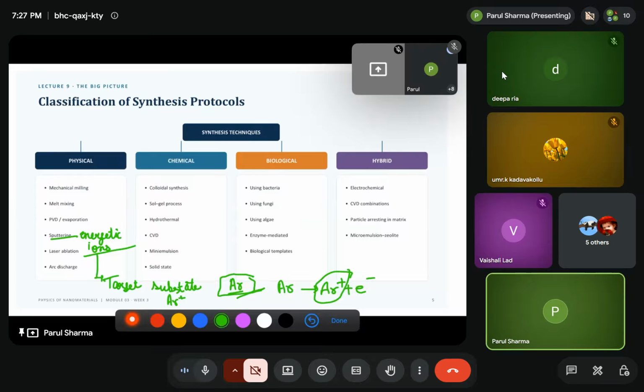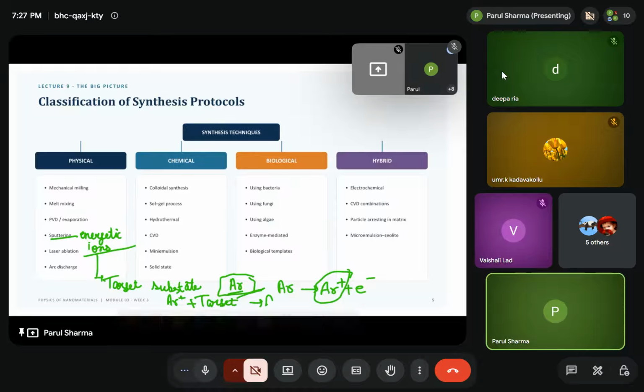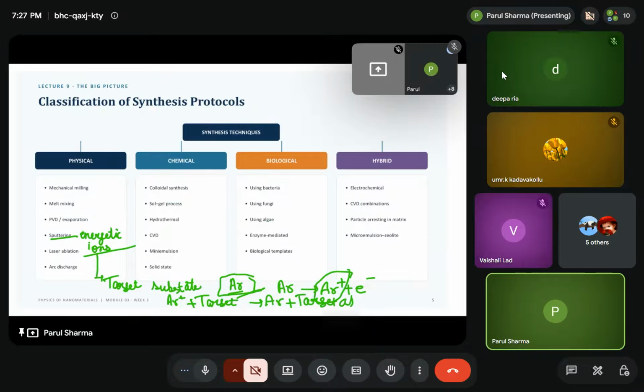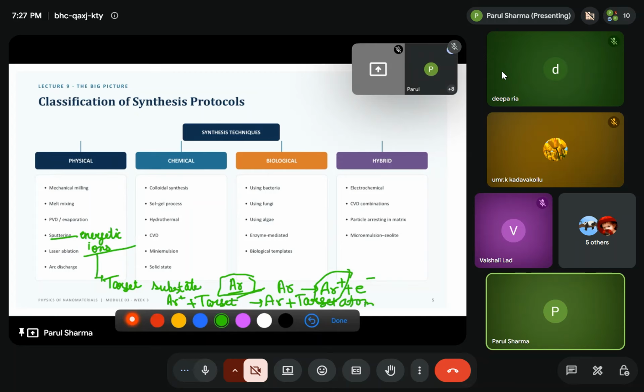Argon ion plus, if they are hitting that target, so argon atom plus target atom. So ejected atoms will travel towards the substrate and form a film.